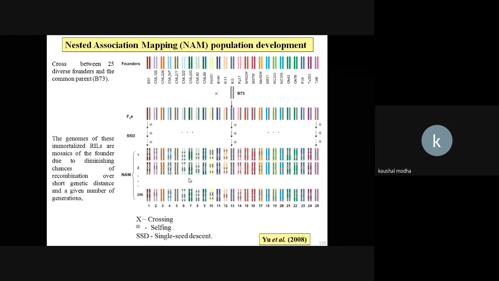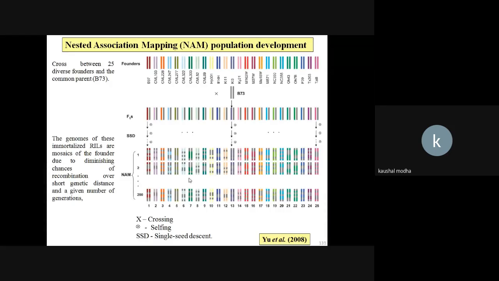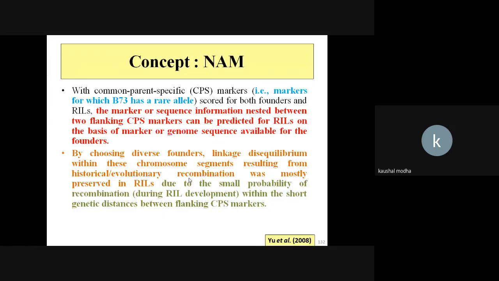And then once you have the polymorphisms and the phenotypic data from this RIL population under a particular situation, you can perform association mapping, combining the LD map data, linkage map data, and the phenotype. So that's how nested association mapping is utilized to perform linkage mapping and LD mapping, or association mapping, simultaneously.